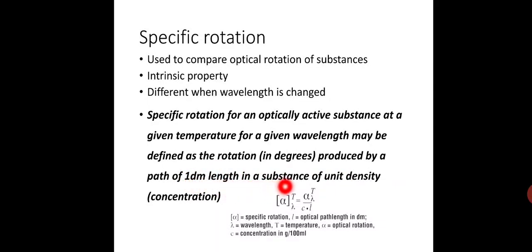The specific rotation can be shown like this: [α]_λ^T = α / (C × L), where T and λ are the temperature and wavelength used for studying the particular sample, C is the concentration in gram per 100 ml, and L is the path length in decimeter.